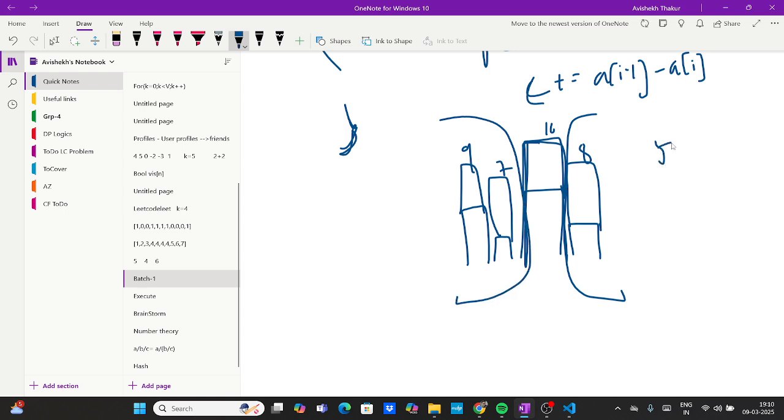So 5 was the initial operation. I will increase these two together, so it will become 10 and 8, which is one operation. This one I will take separately, which is two operations. So it is giving you 10. And since 5 minus 3 is 2, 8 plus 2 is 10. It's matching.